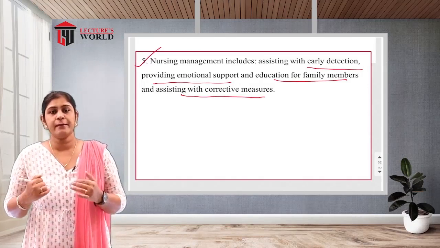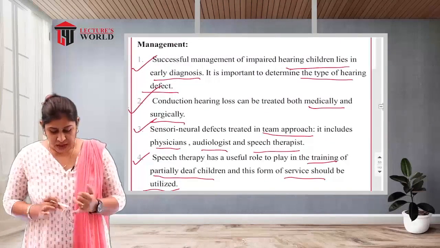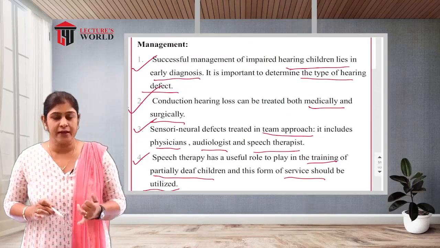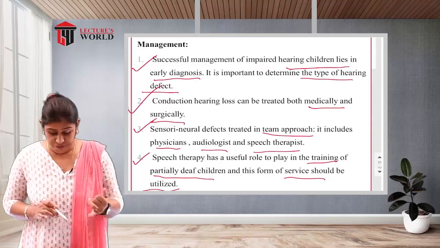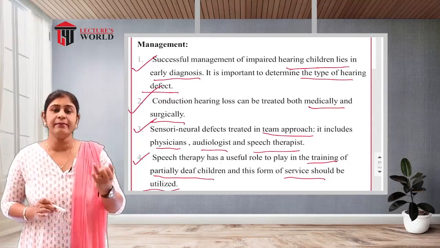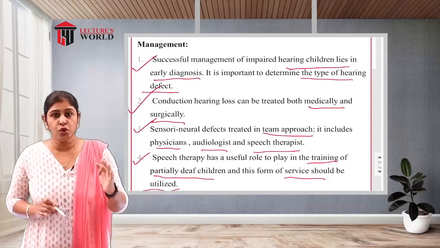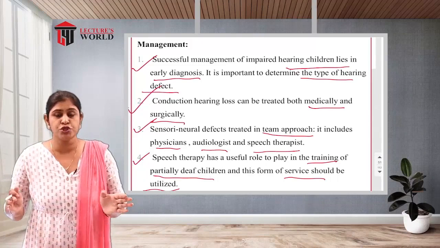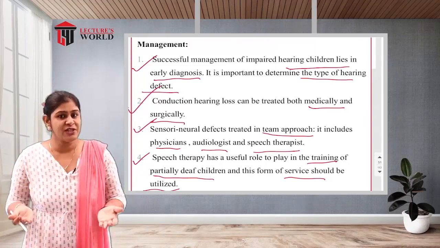So these are all the managements for hearing impairment. We can revise: successful management of impaired hearing children lies in early diagnosis. It is important to determine the type of hearing defect. Conduction hearing loss can be treated both medically and surgically. Sensorineural defects are treated in a team approach which includes the physicians, the audiologist and the speech therapist.